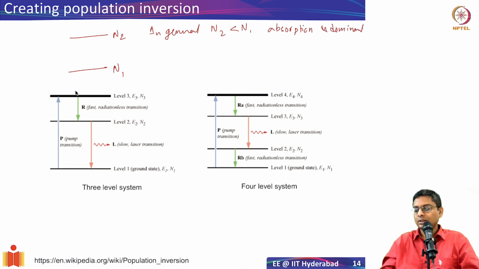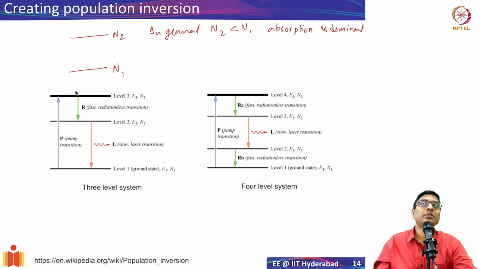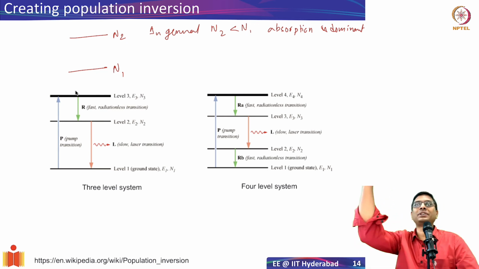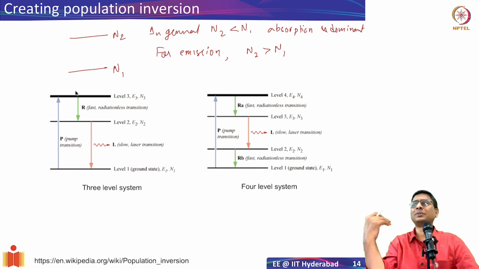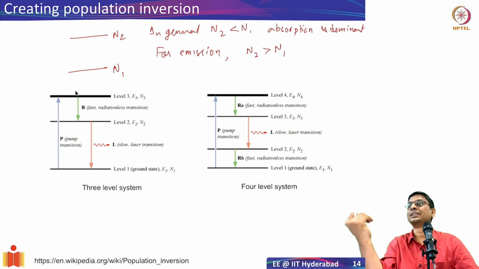When is emission dominant? Whenever you have a larger number of atoms in the excited state. For emission, N2 should be greater than N1. Then you have emission. When I showed you the photoluminescence data, we created N2 greater than N1 by pumping it.